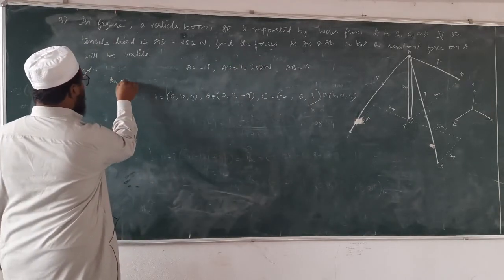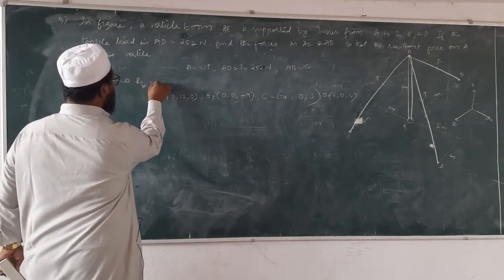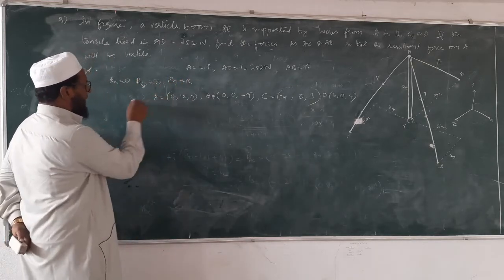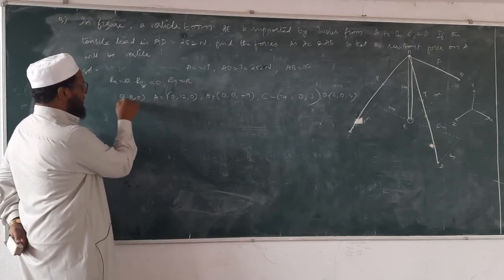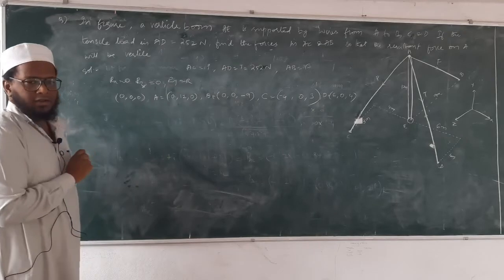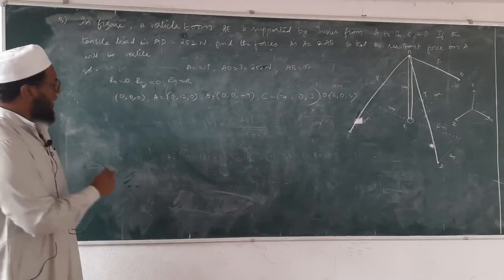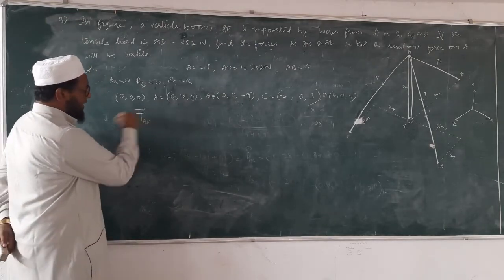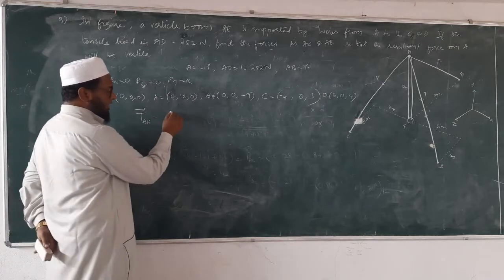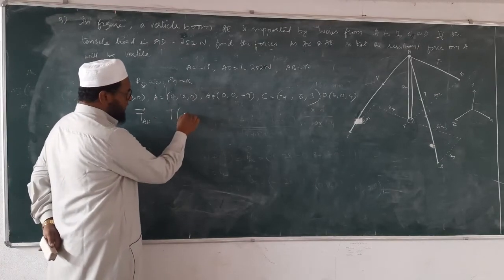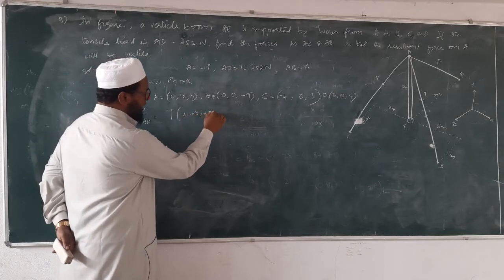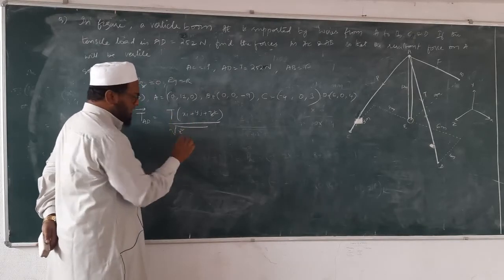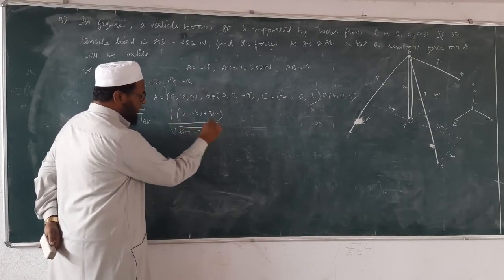So here Rx is equal to 0, Rz is equal to 0 and Ry is equal to R, right? So this is A 0 0. Now we'll calculate force vector AD. So I'll write here T AD is equal to T into xi plus yj plus zk, whole divided by under root x square plus y square plus z square.